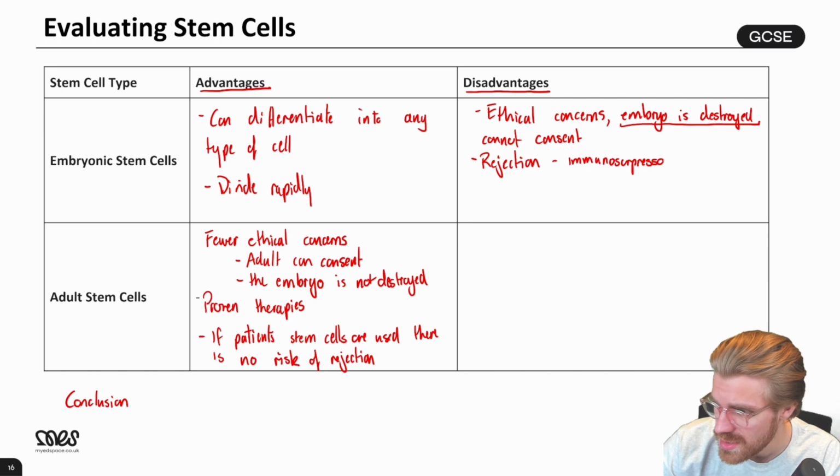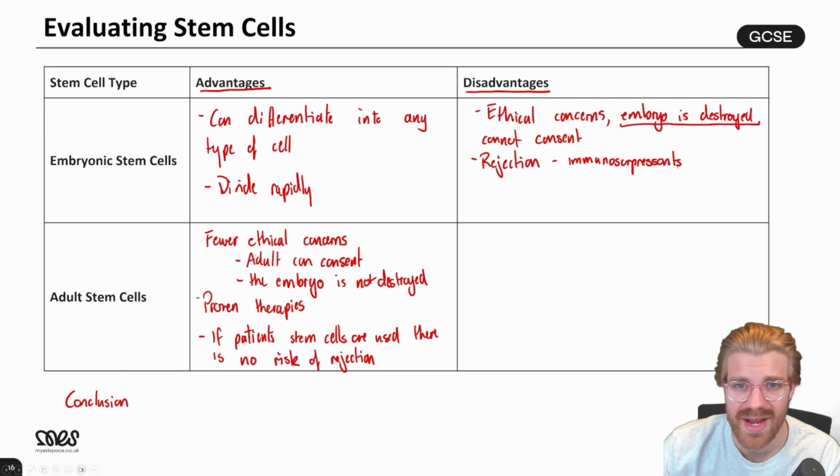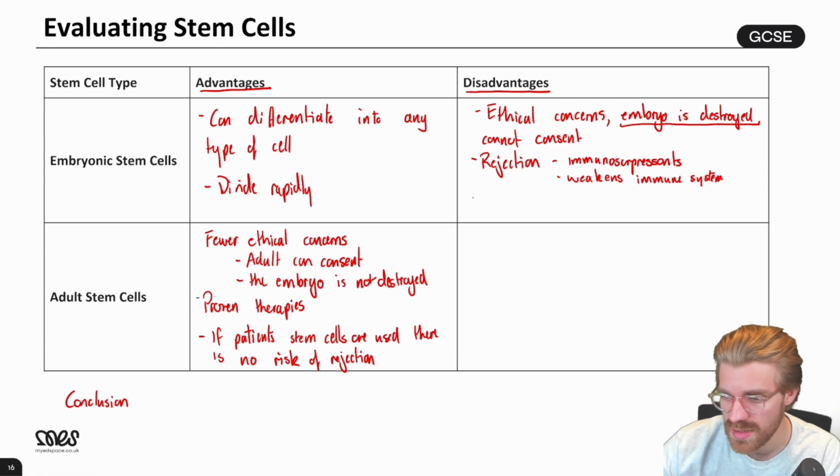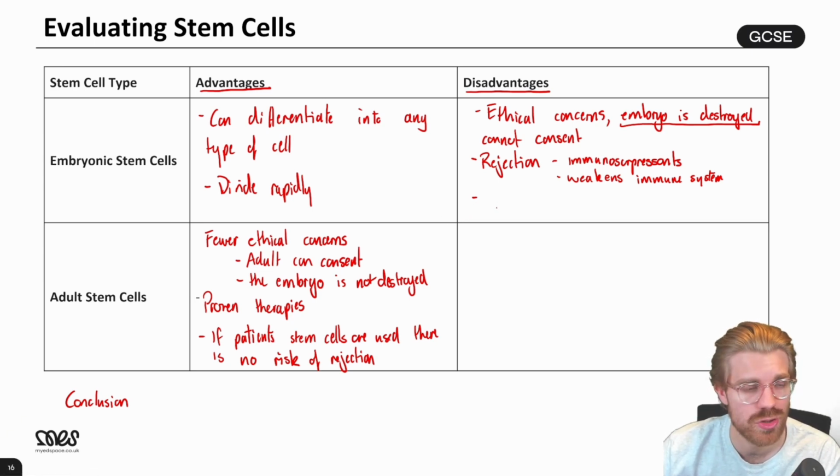And immunosuppressants, as the name suggests, suppress the immune system. It weakens the immune system. Other disadvantages are because of that rapid division, they can also produce tumours.